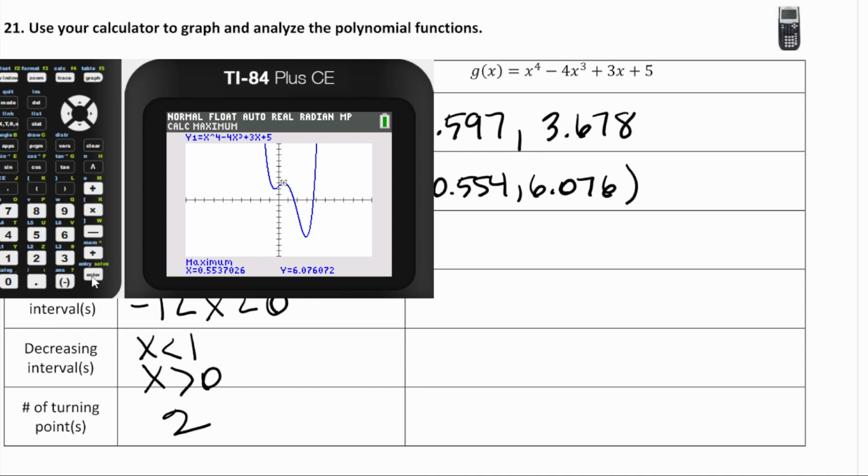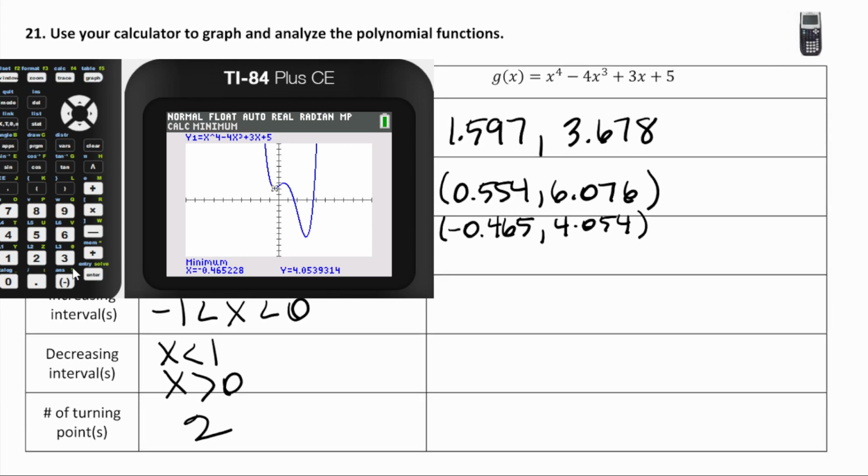The local minima are going to happen at, it looks like between negative 2 and 0. Negative 0.465 and y is 4.054.